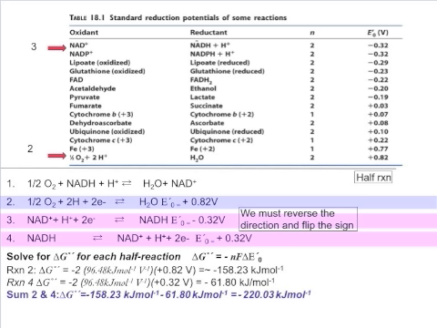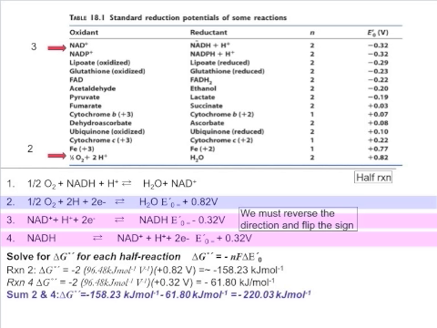And so now let's plug this into the equation using reaction 2 and reaction 4. The change in standard free energy is equal to minus the number of electrons times Faraday's constant times the change in reduction potential. For the first half reaction, we get minus approximately 158.23 kilojoules per mole.